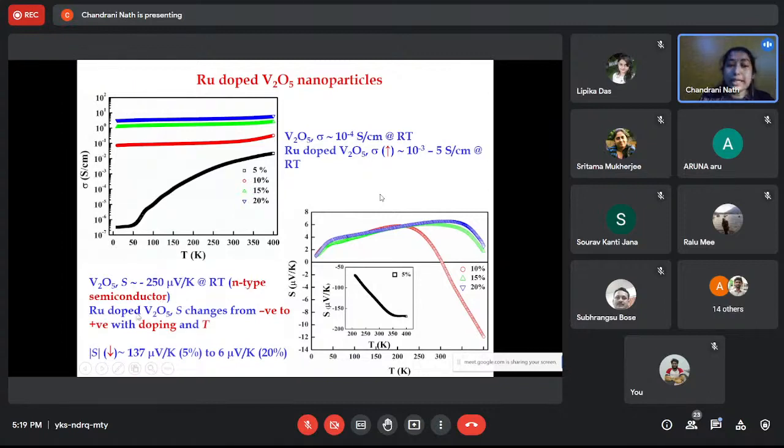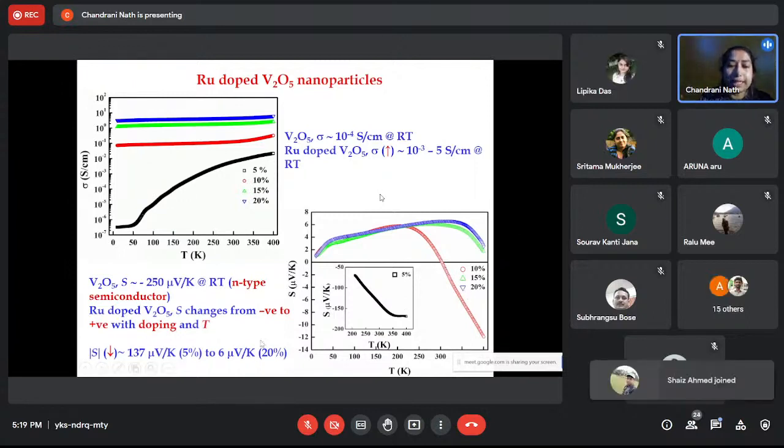But in the case of the ruthenium-doped V2O5 system, what is happening? There is a change in the thermal power value with temperature, a crossover from positive to negative. I am still studying the nature of this interesting result and have not yet come to a proper conclusion.